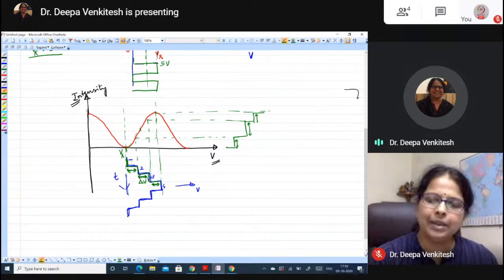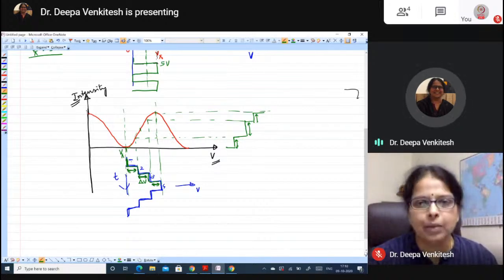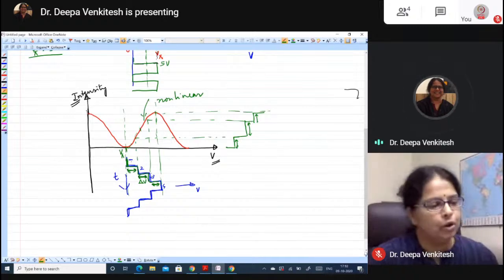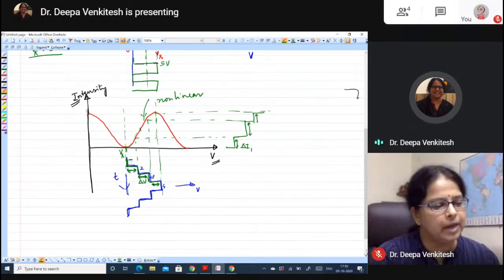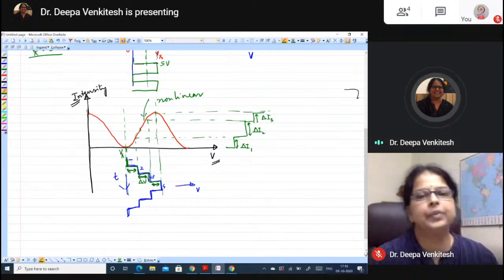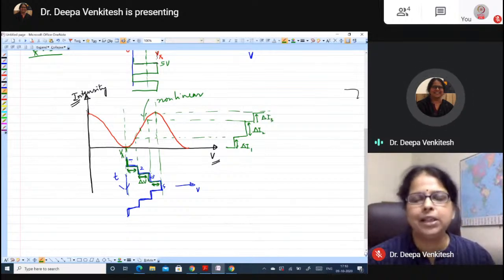And why is that happening? The output is going to be unequally spaced simply because this transfer curve is a nonlinear curve. So this intensity difference could be I1, here it could be I2, here it could be I3.